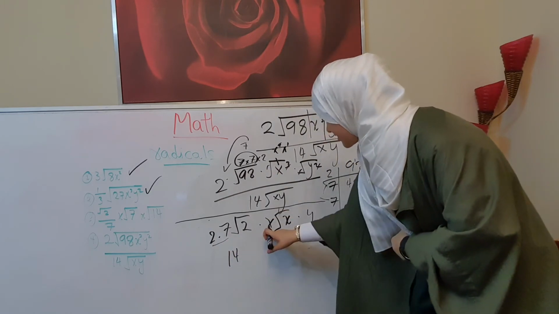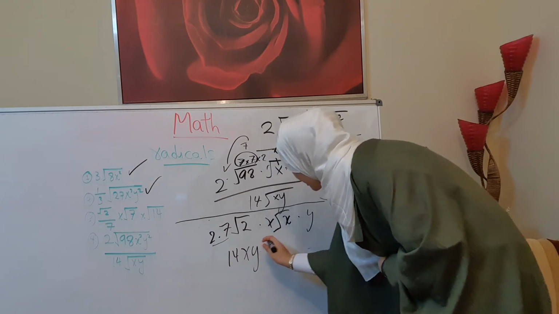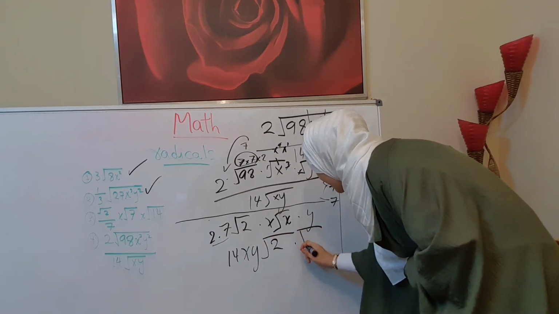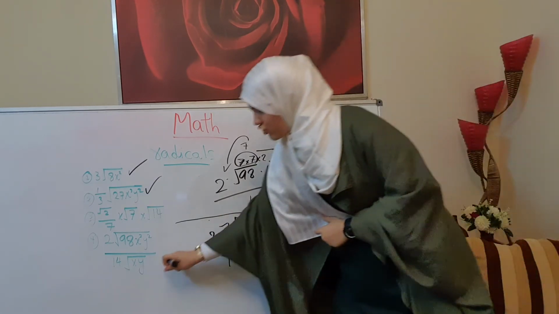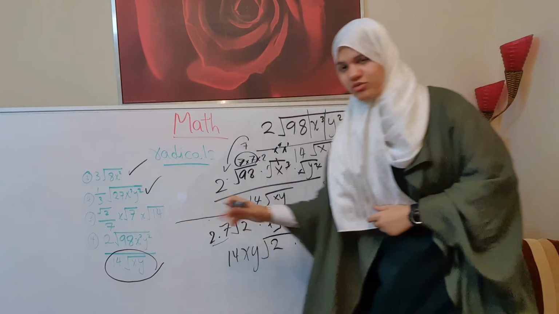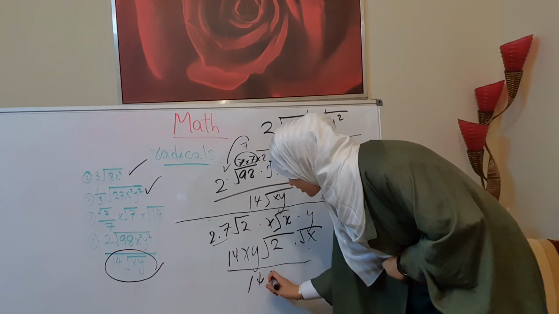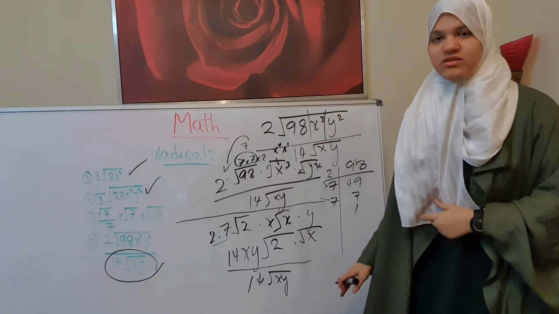After that, x, then y. That means 14xy radical 2 times radical x. Okay, now we also have the denominator. Don't forget the denominator, 14 radical xy. Can you see that?